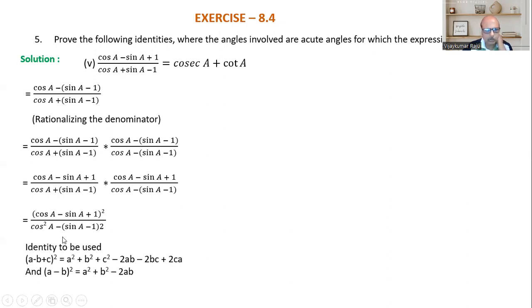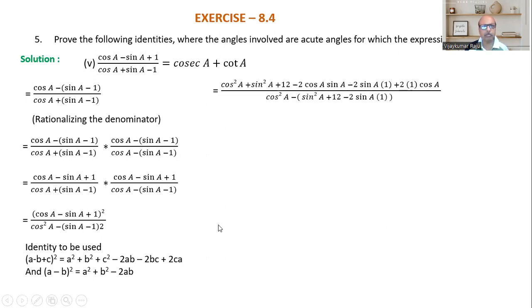Here I am going to use the two identities: A plus B plus C whole square is A square plus B square plus C square plus 2AB plus 2BC plus 2CA, and for the denominator term, A minus B whole square is A square plus B square minus 2AB. This identity we learned in 9th standard, and we have been learning this from lower 7th standard itself.